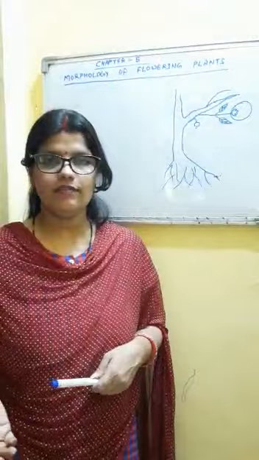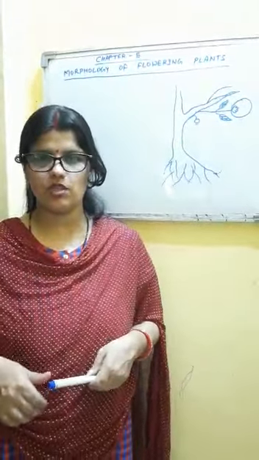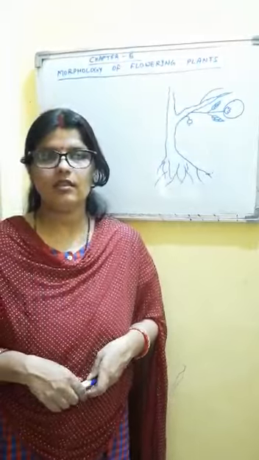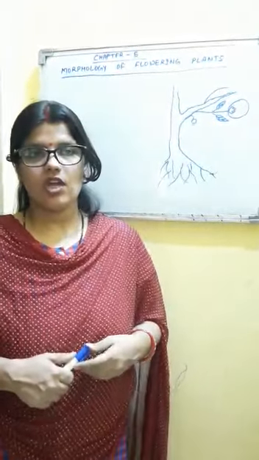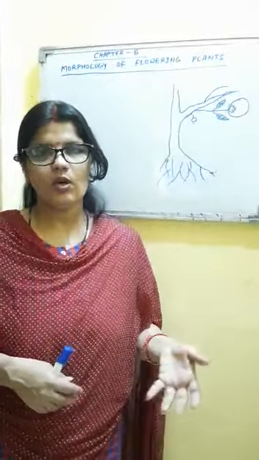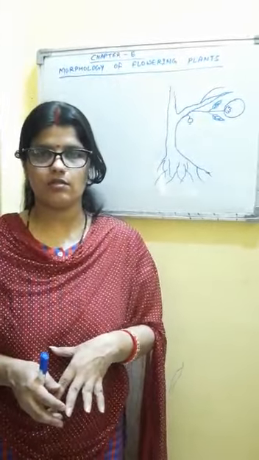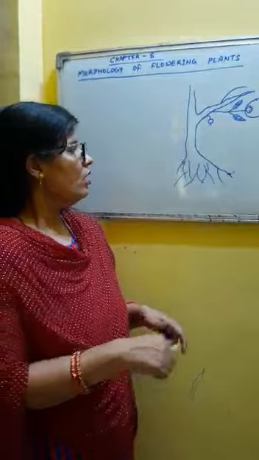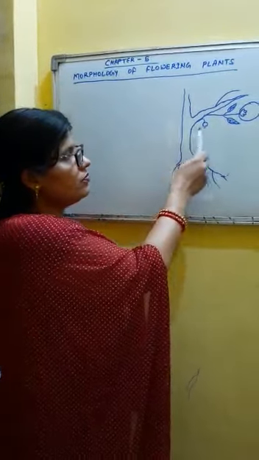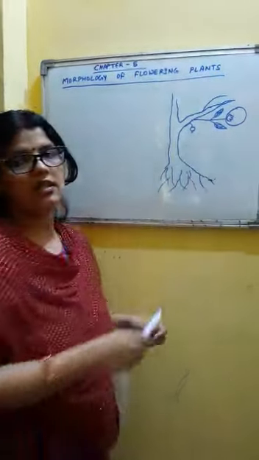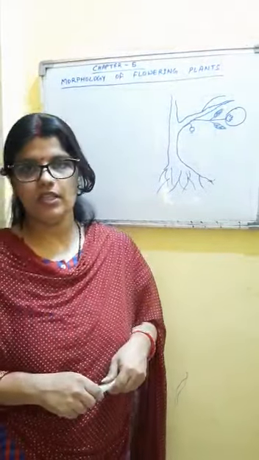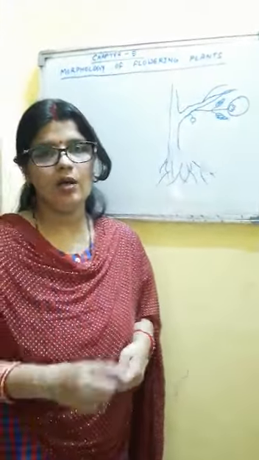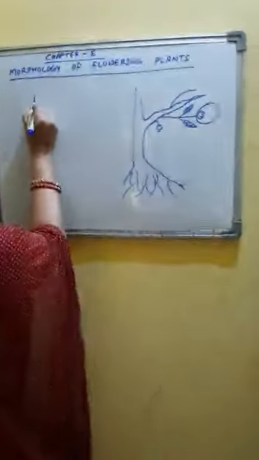They perform other functions like growth, absorption of nutrients, etc. And reproductive parts are the parts of the plant which are either directly or indirectly involved in the process of reproduction. So, roots, stem, leaves are the vegetative parts of the plant. First of all, we will study about the root.